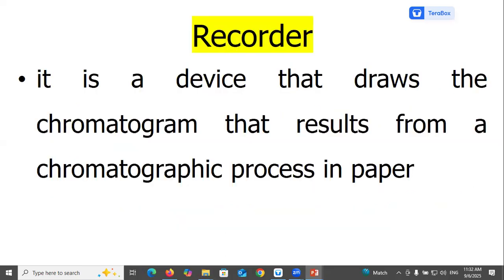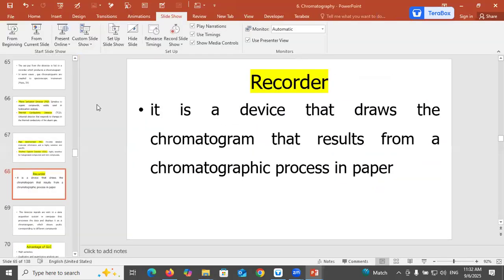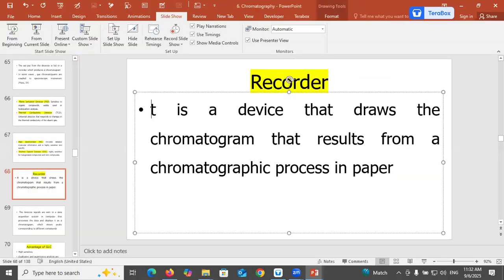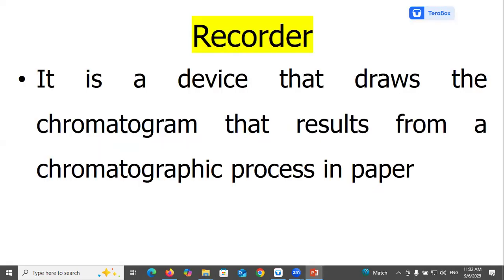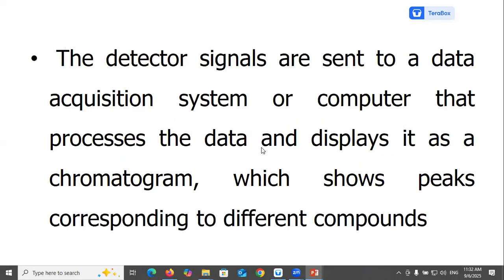Recorder. It is a device that draws the chromatogram that results from a chromatography process on paper.